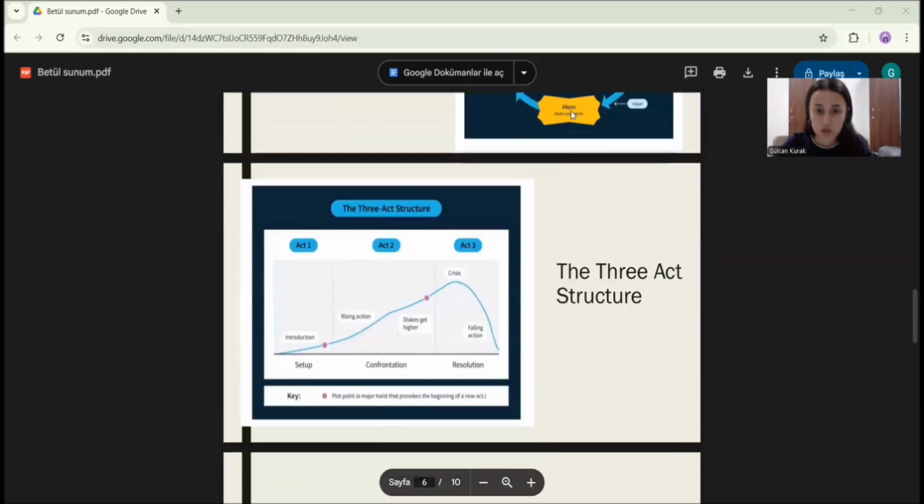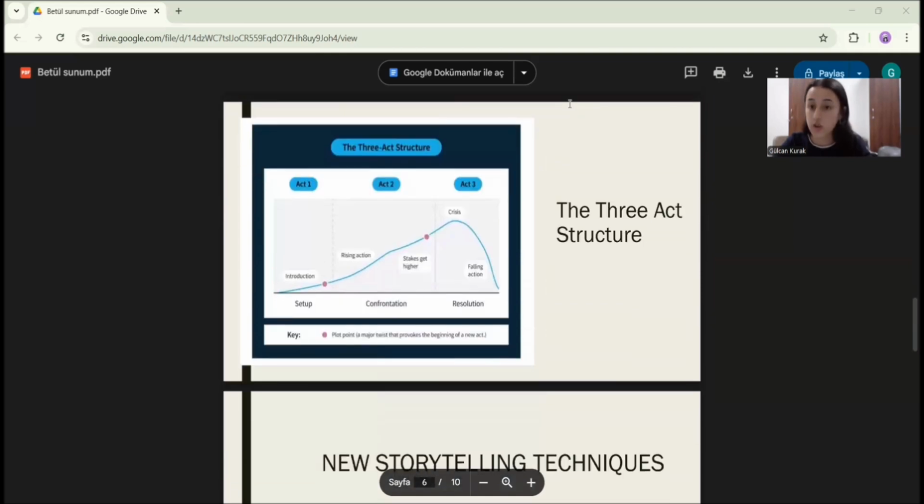And then we are going to look at the three-act structure after the hero's journey. As you can understand from its name, there are three acts in here, and it is used in many books, many films that we watch, and novels, and also the plays.